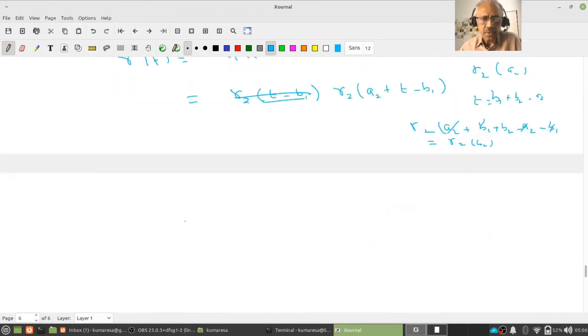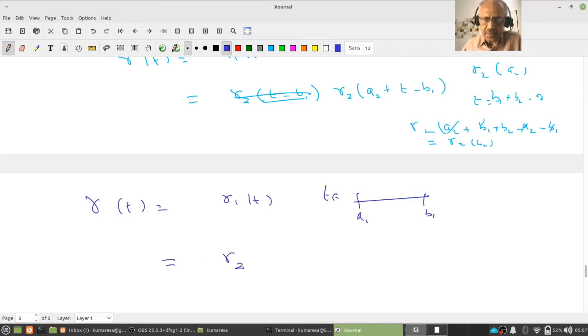Let me rewrite it again. Gamma of t is gamma 1 of t for t in A1 to B1, and here it's gamma 2 of t. You have to make sure it makes sense.